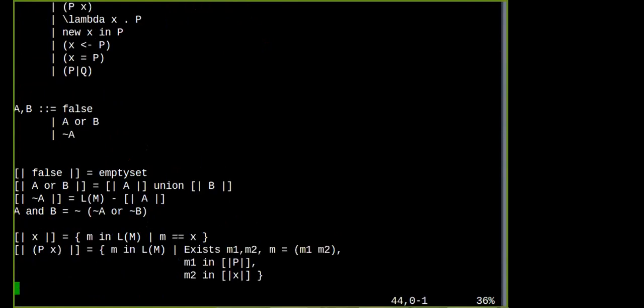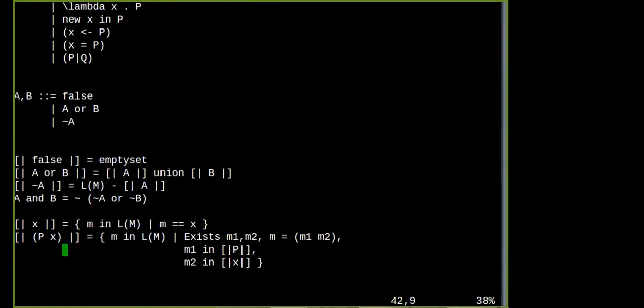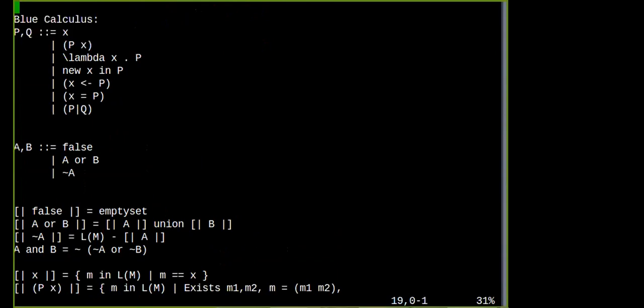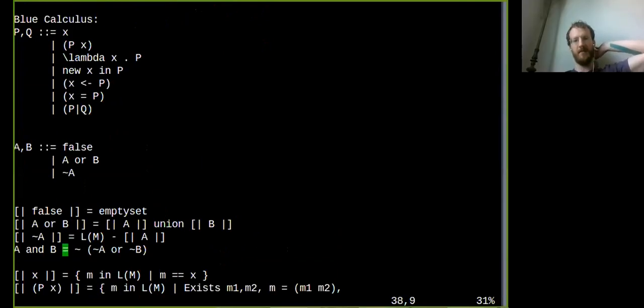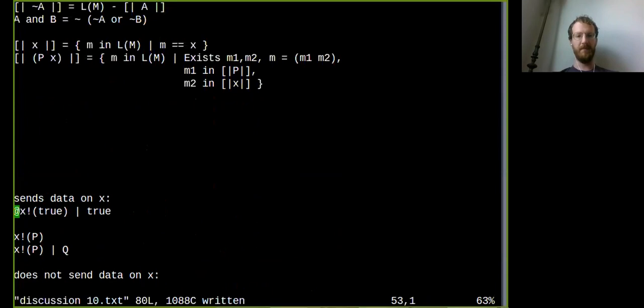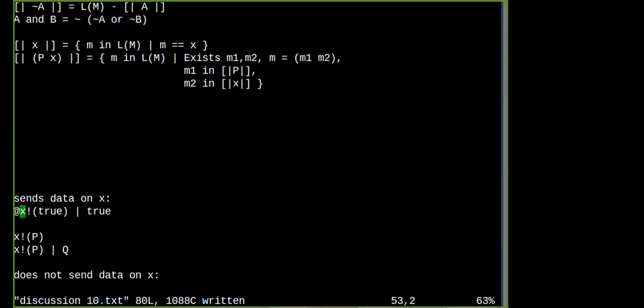So what if we said that sends on X, you could put an @ sign in the bottom there. Yeah, that's true. And it's really sends on @X.